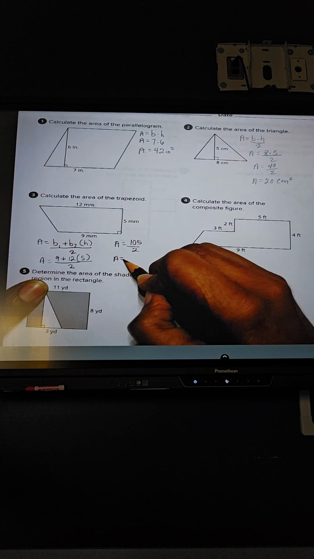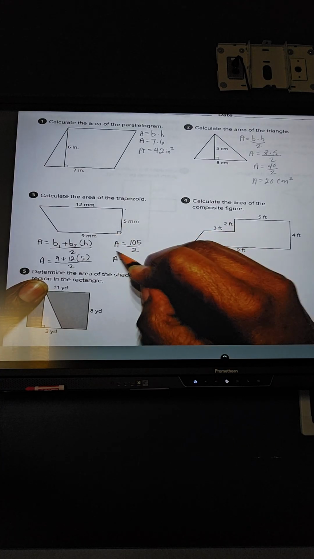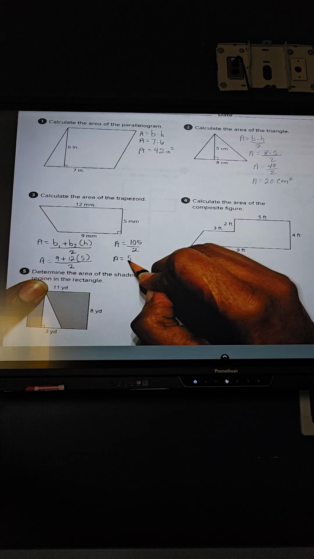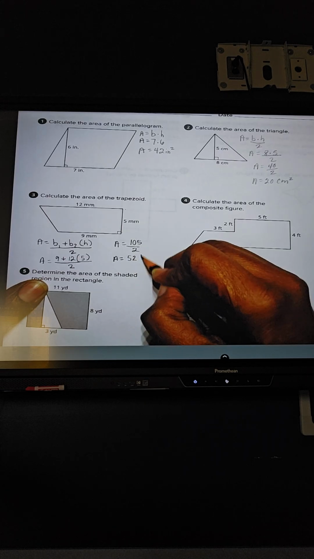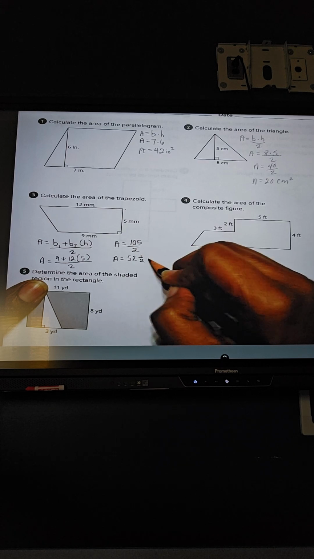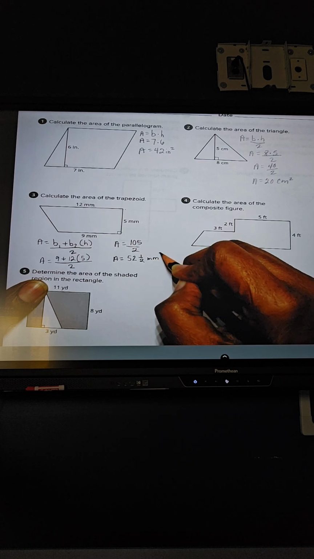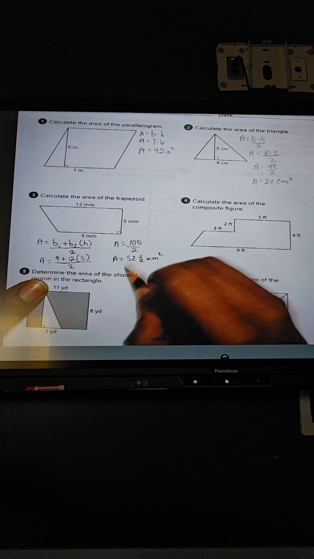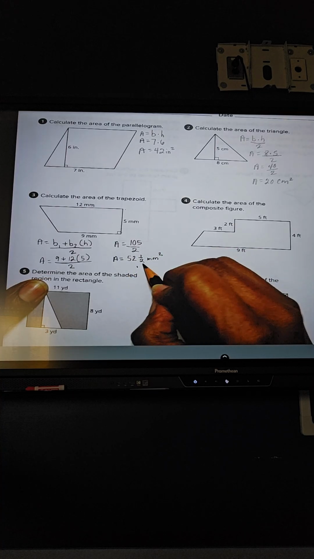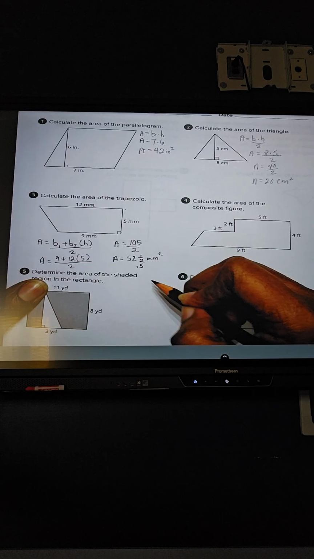Area equals, this would be 52 and 2 and 5/10, or 52 and 1/2 millimeters squared. I'm also trying to get them to see that 1/2 is simply 0.5 or 5/10.